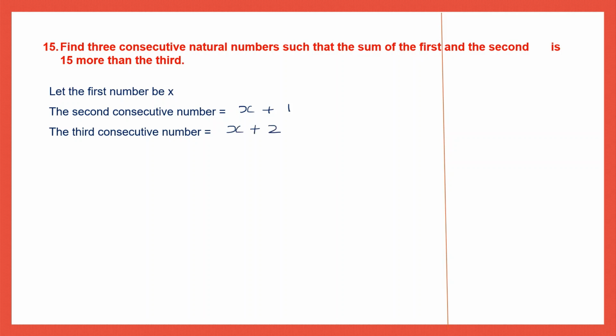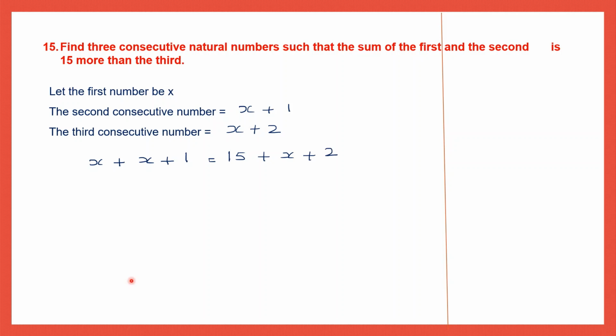So we've got our numbers. Now let's follow these instructions. The sum of the first and the second. So let's add up the first and the second. The first number is x and the second number is x plus 1. They're saying the sum of the first and the second is 15 more than the third. 15 more than the third means 15 plus the third one, which is x plus 2.